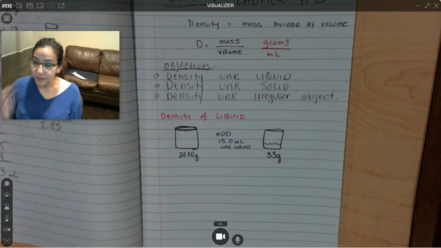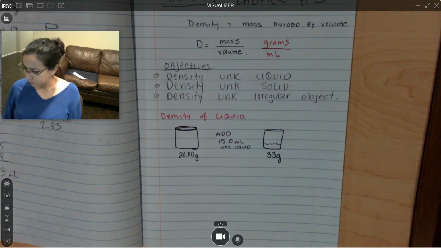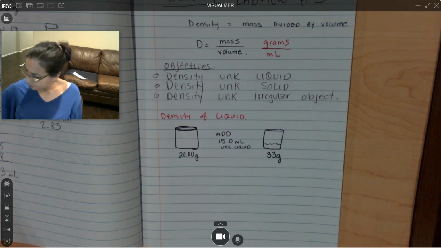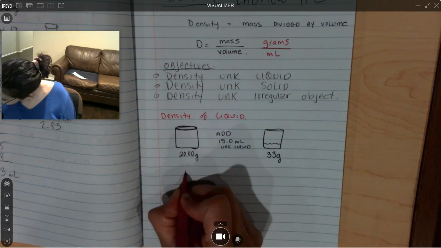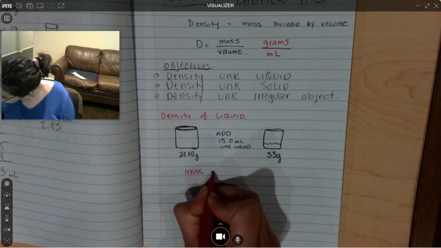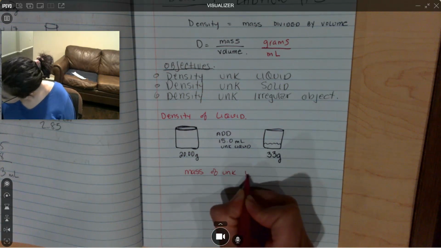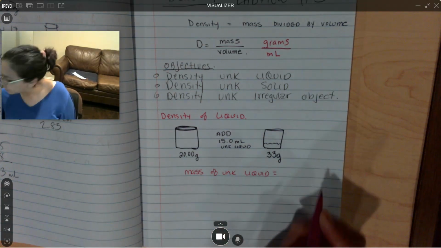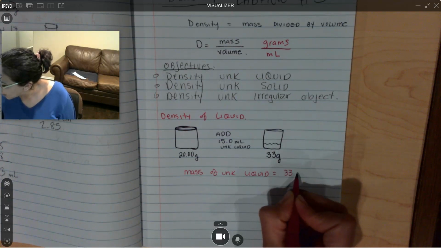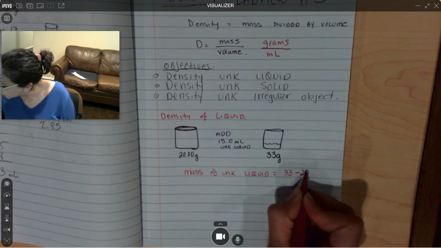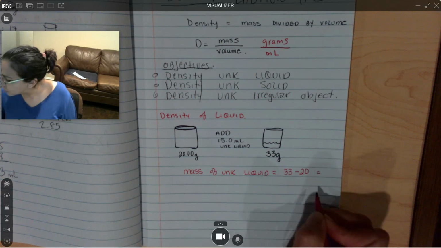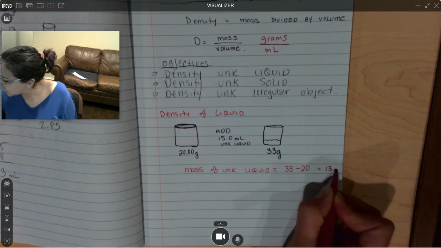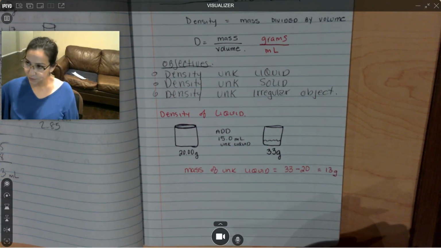So we just figured out 2 things here. One, the mass of the unknown liquid. That's going to be 33 minus the 20, which gives me 13 grams.